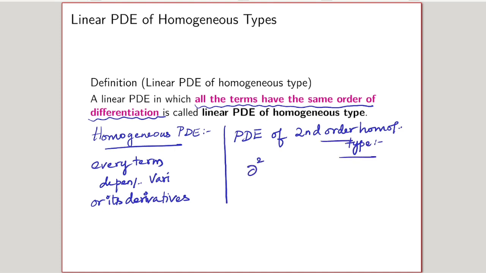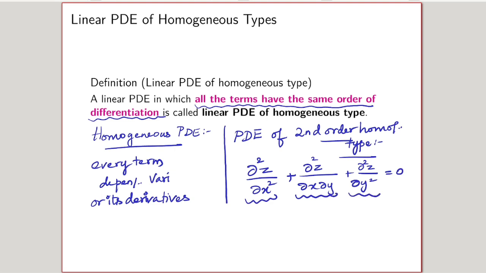For example, ∂²z/∂x² + ∂²z/∂x∂y + ∂²z/∂y² = 0.